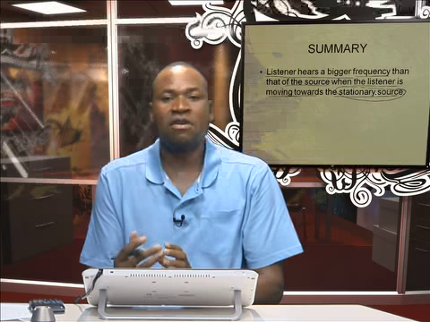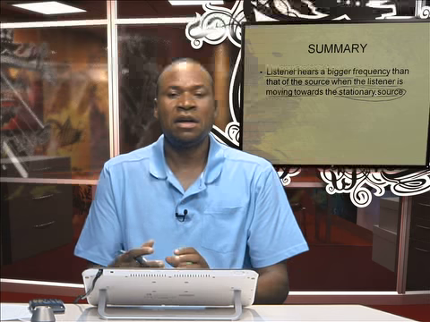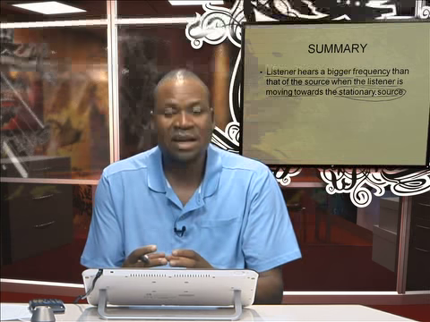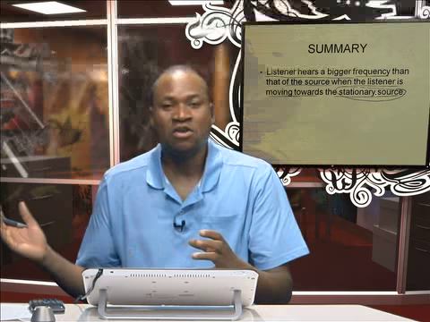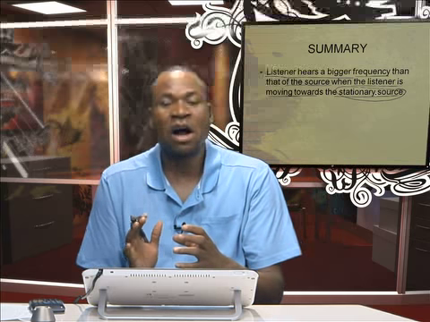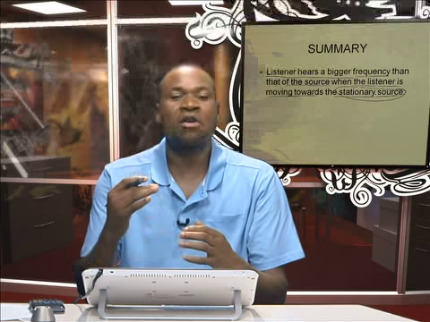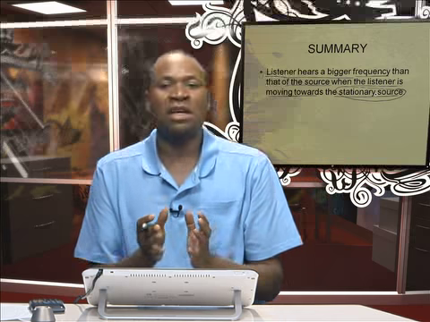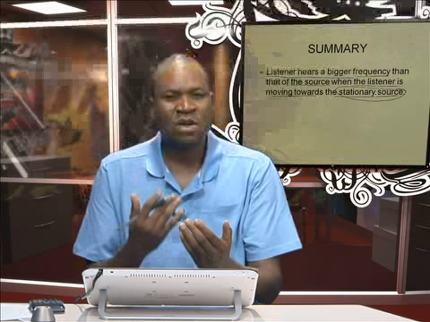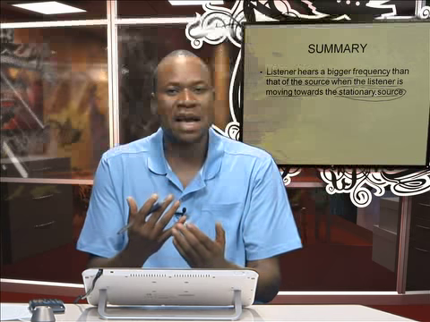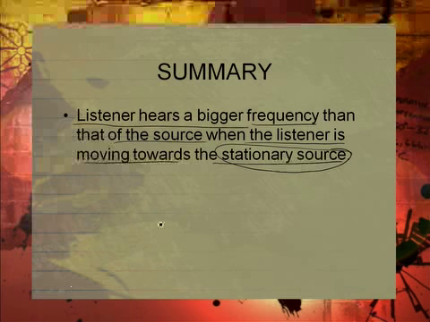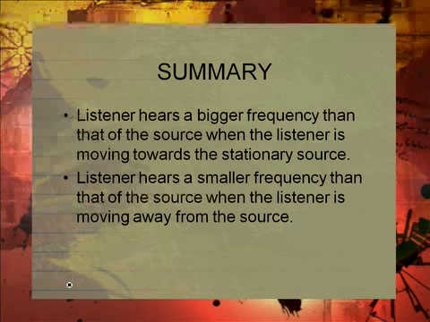Think of a police car with its siren on, stationary at a point, and you are driving towards it in your car, or you are just running along the road towards the police car. The frequency you're going to hear is going to get bigger than the frequency of the source, which is the siren of the car. So that is when you're moving towards the source.